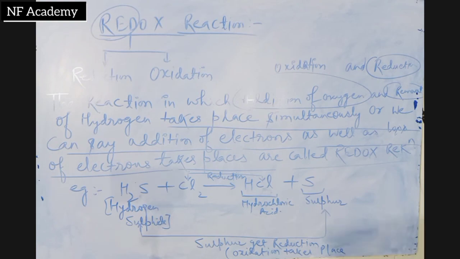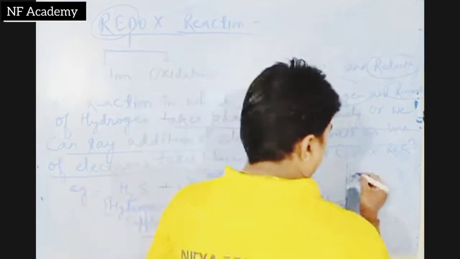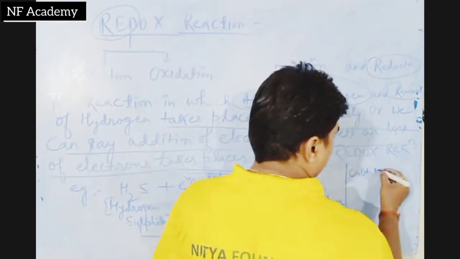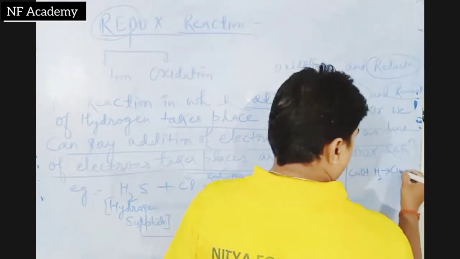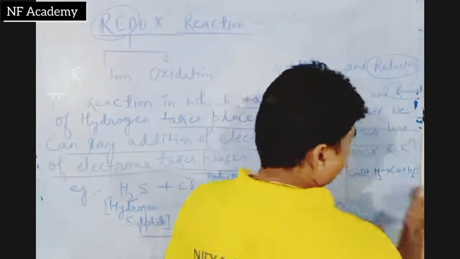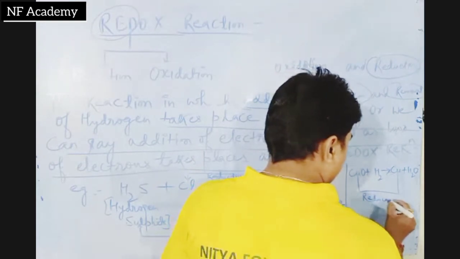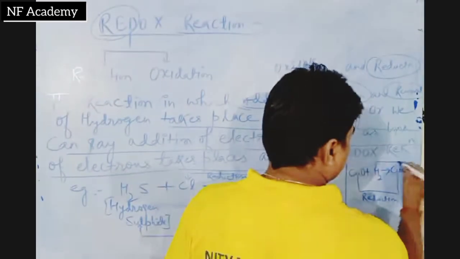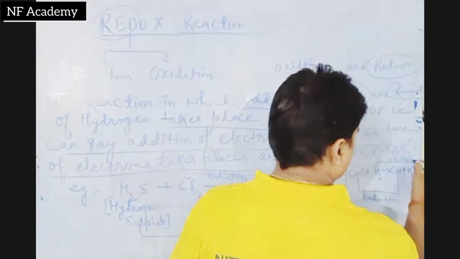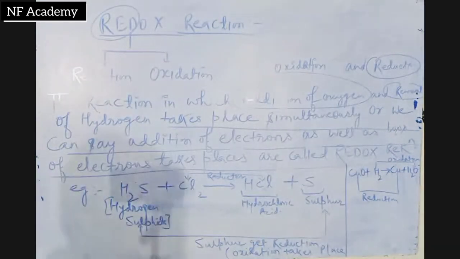So copper gets reduced, so it is reduction, because of removal of oxygen, as well as hydrogen gets oxidized, so it is oxidation. So the oxidation and reduction take place at the same time.